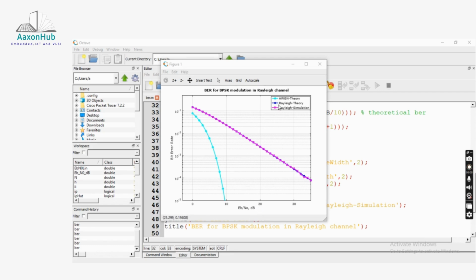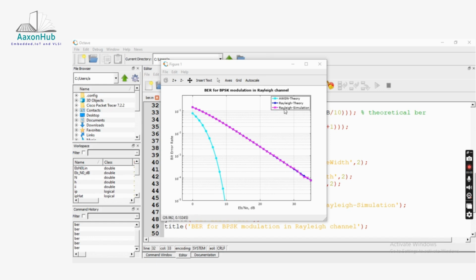While for the Rayleigh theory as well as the simulated value, the model will simulate multipath fading. Without the direct line of sight, the BER here is much worse than AWGN for the same SNR. So the decrease in BER is slower, especially at low to medium SNR levels, right?